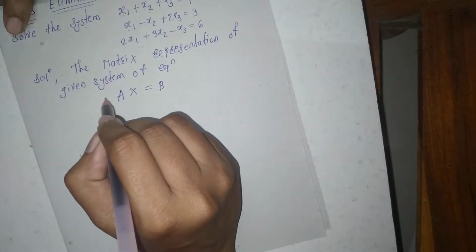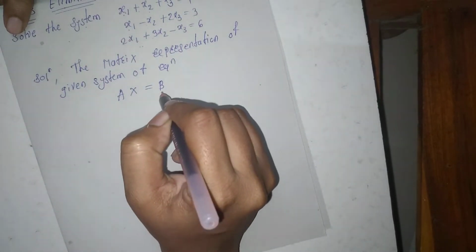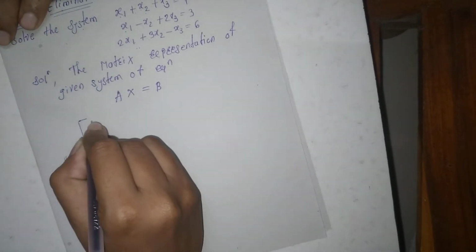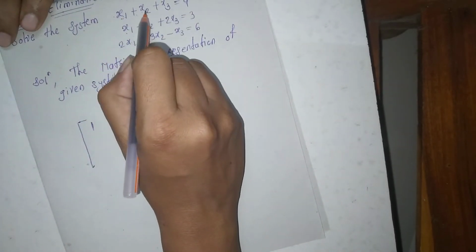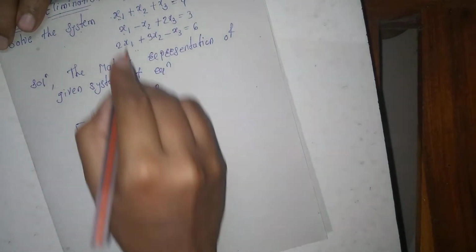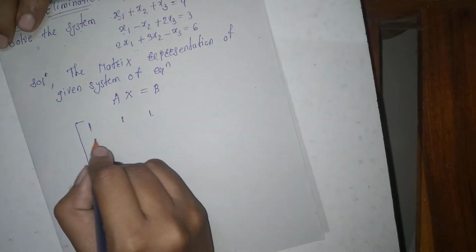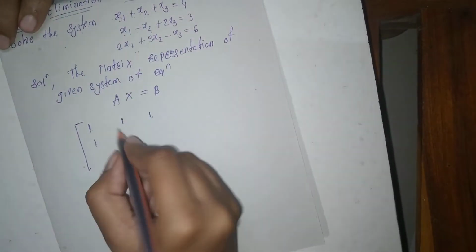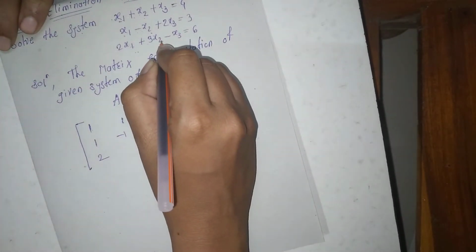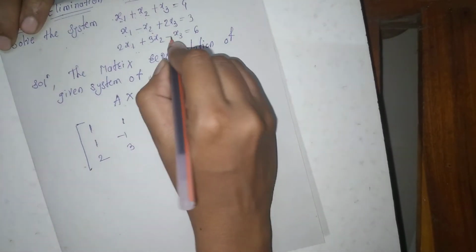We write these equations in matrix form. In the first row, the coefficients of x1, x2 and x3 are 1, 1, 1. In the second row, the coefficient of x1 is 1, of x2 is minus 1, and of x3 is 2. In the third row, the coefficients are 2, 3 and minus 1.